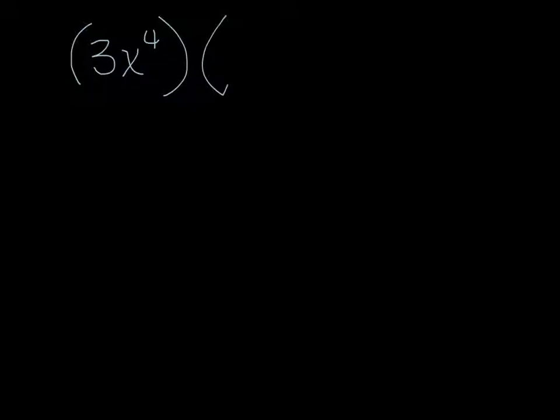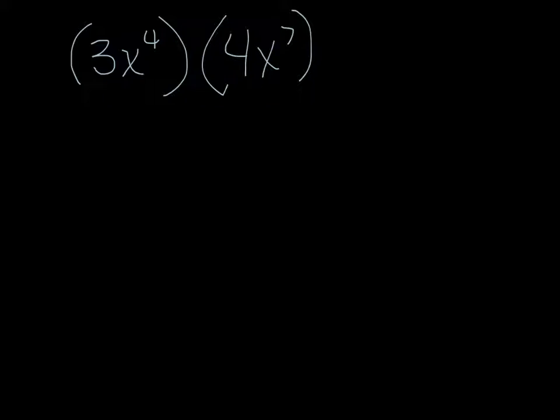Alright, let's look at one that might be a little bit more tricky. Three x to the 4th times 4x to the 7th. So if we were to write this guy, how would we do it?